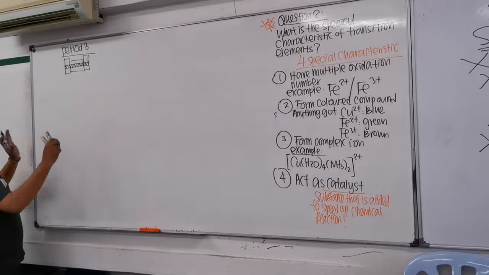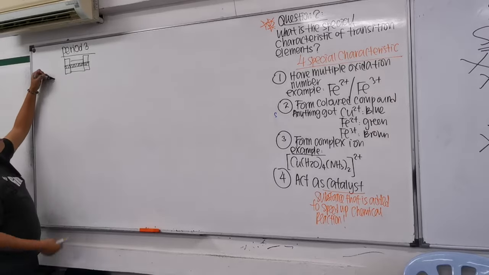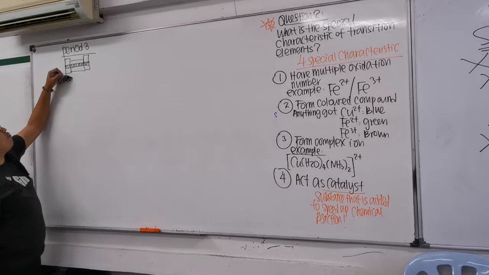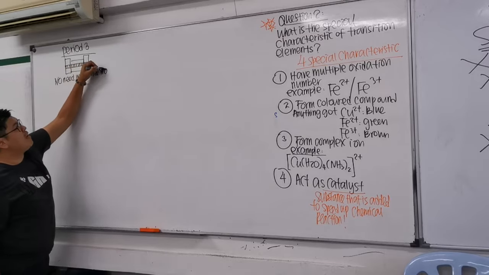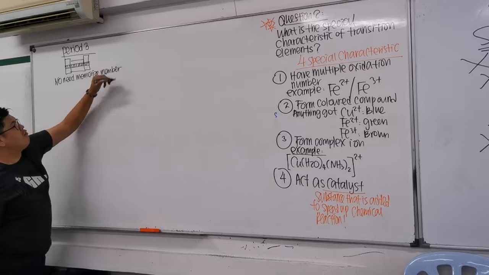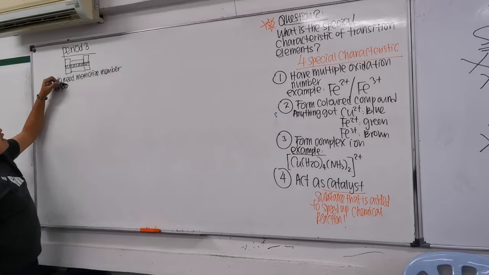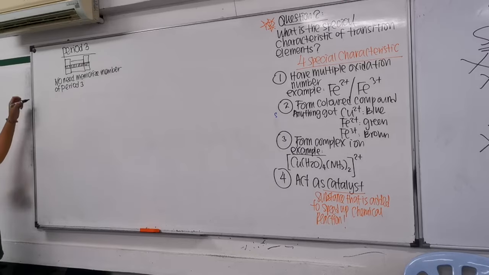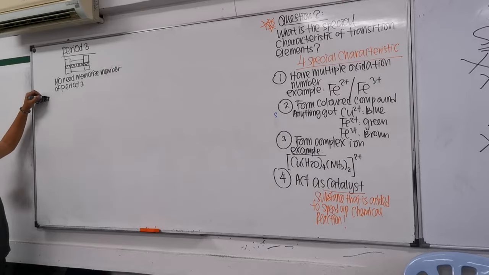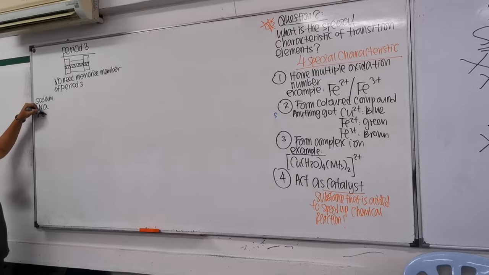Okay, first of all, I will show you the member for period 3. You don't need to memorize the member of period 3. For period 3, they will give you, you don't need to memorize at all. Let me show you. The first guy is called sodium, symbol Na, 2,8,1.